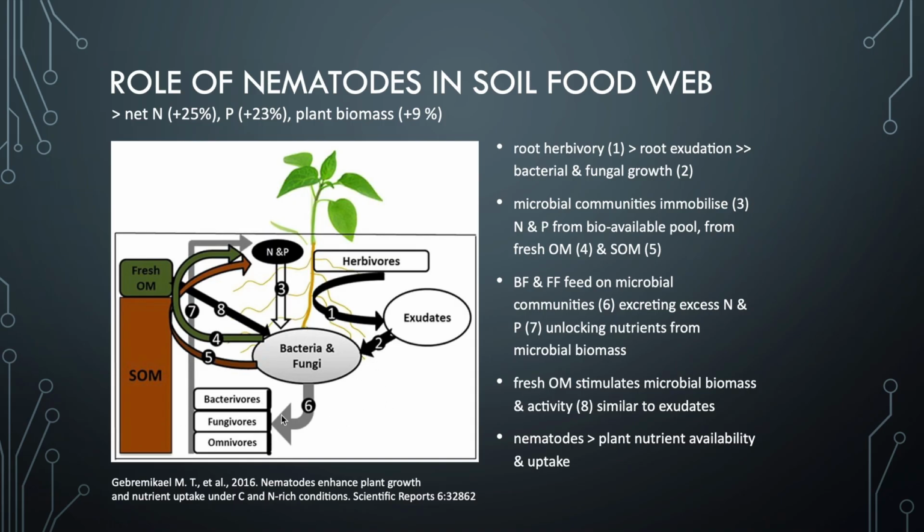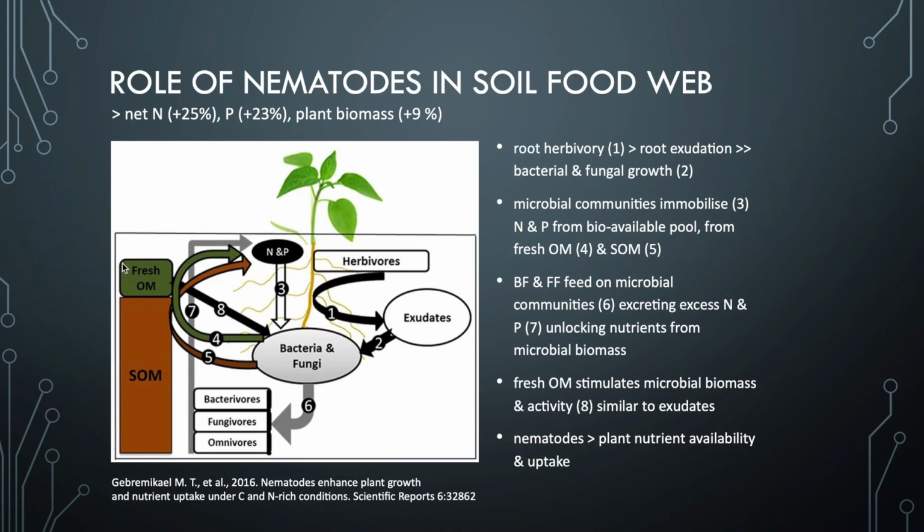These guys then, as they consume bacteria and fungi, excrete the excess nitrogen and phosphorus that the bacteria and fungi provide, and they unlock these nutrients from that fungal and bacterial biomass and allow this to enter the soil, which is then available once again to the plant, as well as to feed more fungi and bacteria.